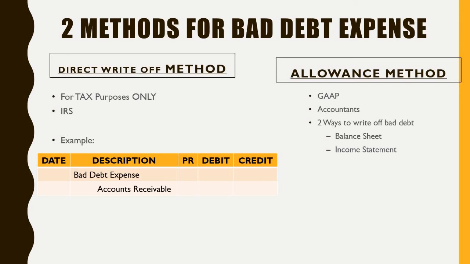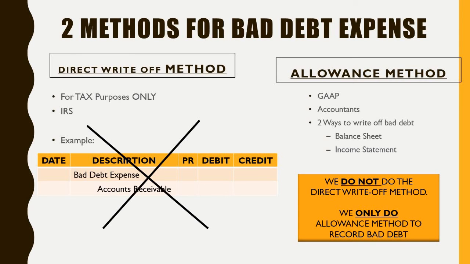Now, in this class, are we tax accountants? No, we're not. We're just regular general accountants. So you are never going to use this method, because it is for tax purposes only and it's for the tax accountant.